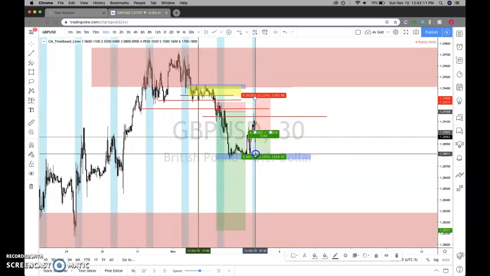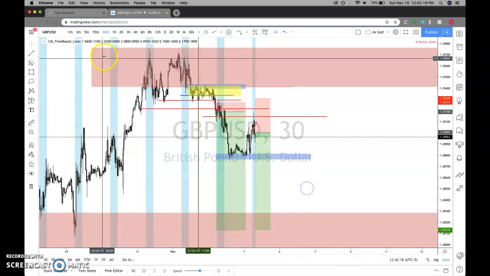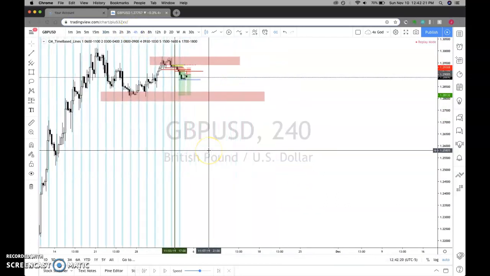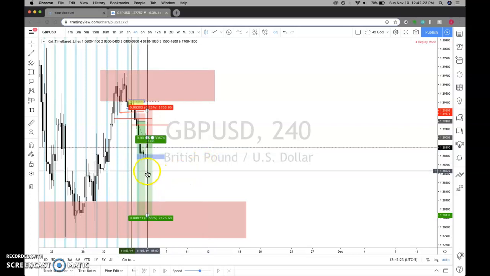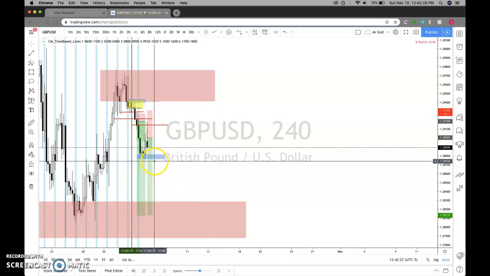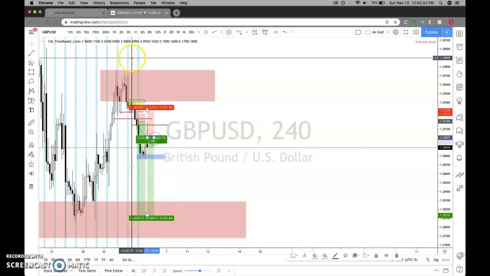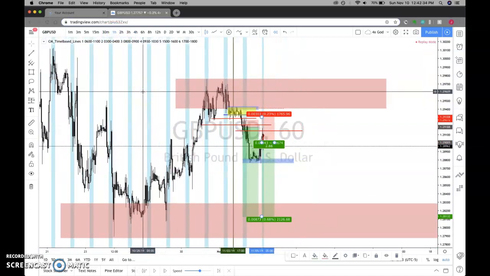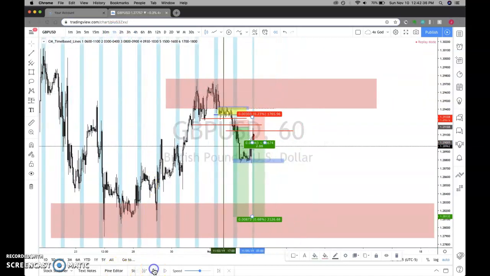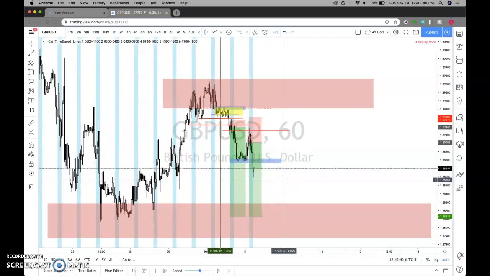So this would probably be my first target right here. And then my second target would probably be somewhere up there, because I think if I look on the H4, yeah, somewhere in there. So this is what I would be looking for.